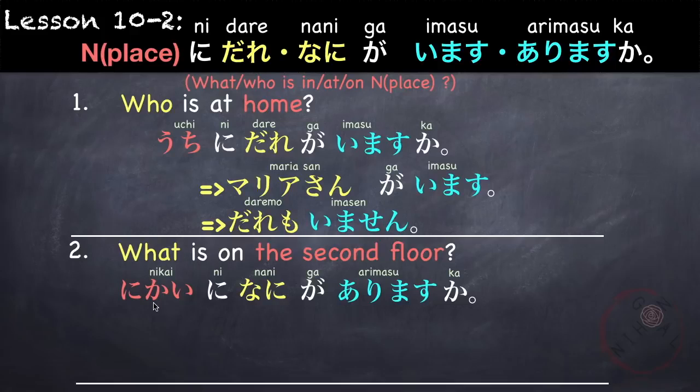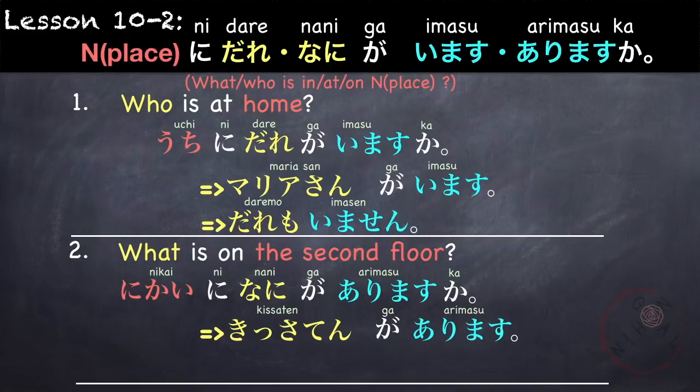If we want to say there is a coffee shop, kisaten ga arimasu. Or if we want to say there is nothing, we can say nani mo, so nani plus mo followed by the negative form of arimasu, which is arimasen. Nani mo arimasen. There is nothing.